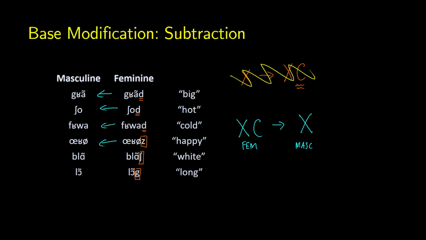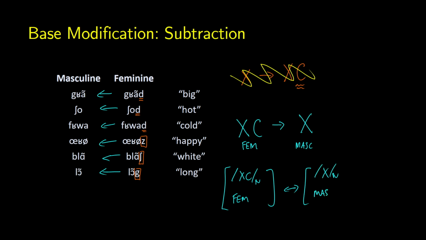And this makes this really easy to model, because if we do our little morpheme-based model here, we have XC. This is going to be a noun. The C just stands for a consonant at the end of the word there. This is going to be a feminine form, and it's going to correspond with another case of X, that's a noun, and this is the masculine form. So we can see here that this C essentially is being deleted.